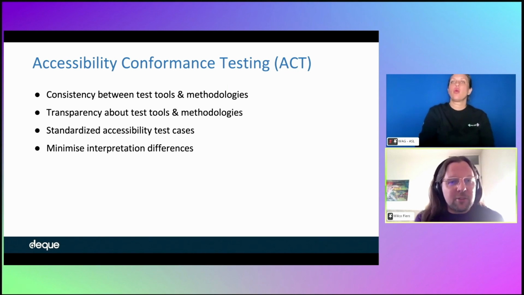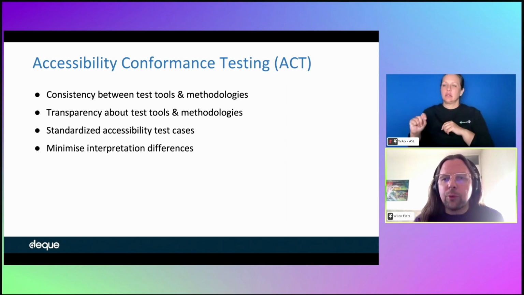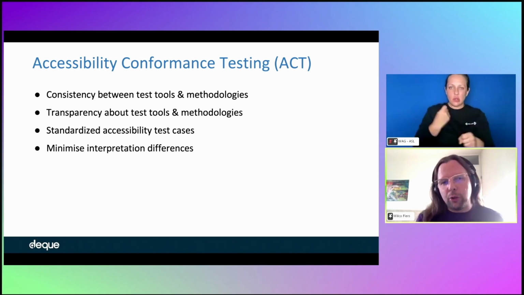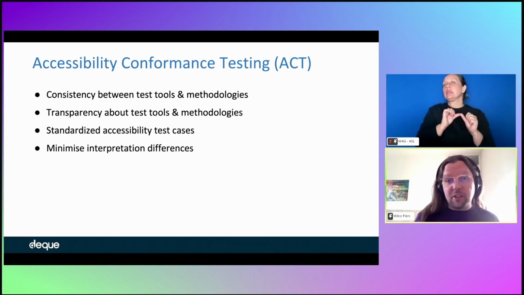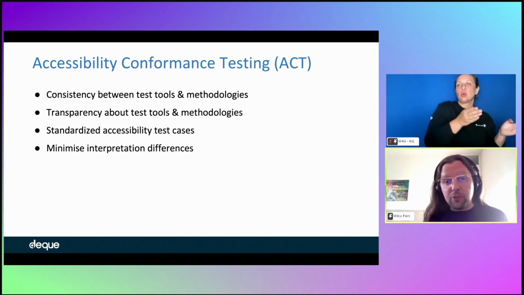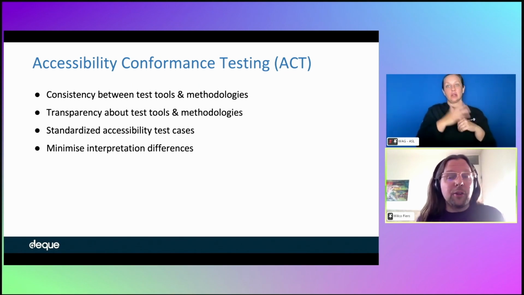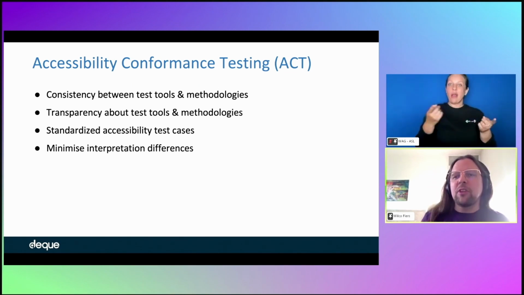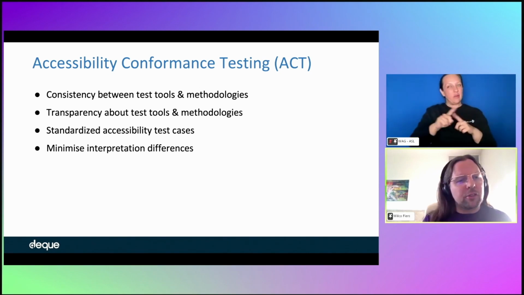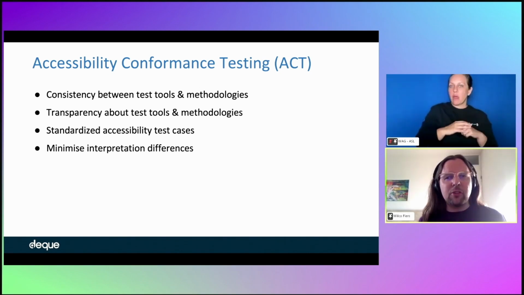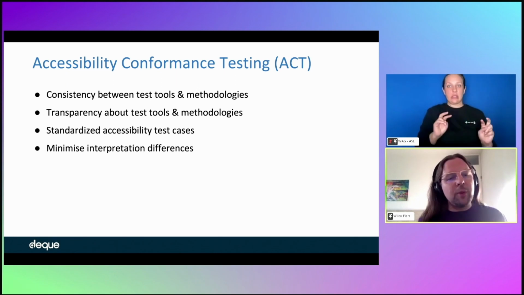So the accessibility conformance testing, or ACT project, has been going on for a number of years, and the goal of it has been to improve the consistency between how test tools work, how experts test certain things. If you've been in the field for a while, you will have noticed that there are some differences here and there, and we are trying to solve them and make it a little bit easier to see who is doing what.